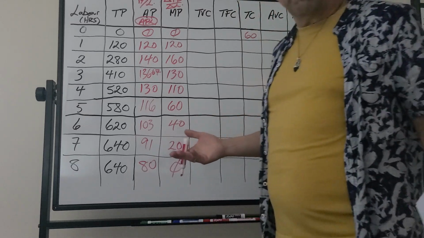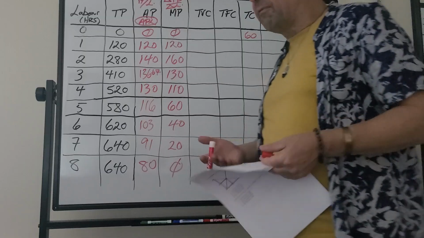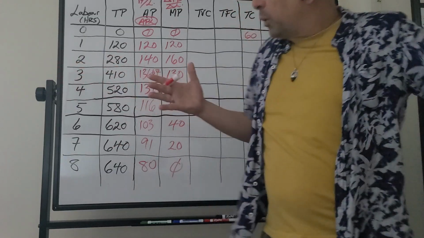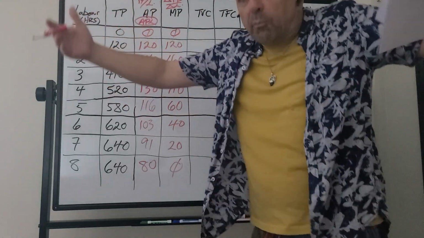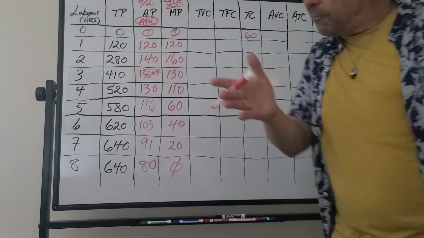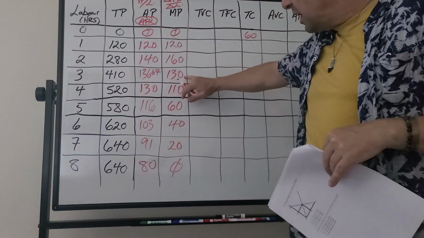And you know that yourself. If you've had a job, sometimes you're working by yourself and then you wish you had a second person. The second person comes along and then between the two of you, you're able to produce a lot more. Then maybe a third person comes along and you're kind of waiting for the use of the machine. So yeah, you're getting a little more, but it's less.